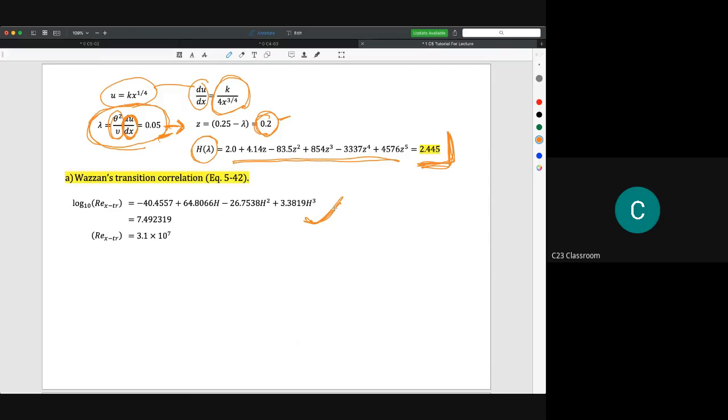So Wazan got this equation. We substitute the value of h that we got from the previous calculation here. So we could get the Reynolds transition here is equal to 3.1 times 10 to the power of 7 as the transition Reynolds number. The transition means the changing of laminar to turbulent boundary layer.